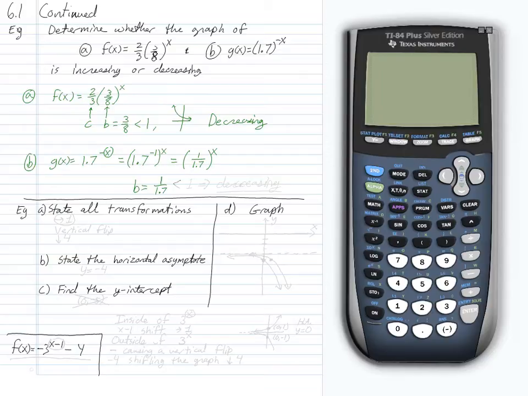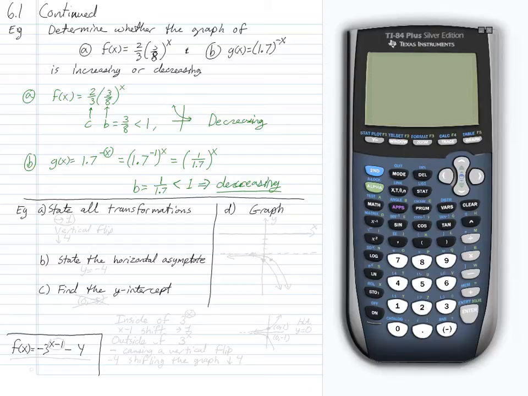So this is going to be a small number, smaller than 1. And so my function is again, in this case, decreasing. Okay, so we want to figure out what the base is.